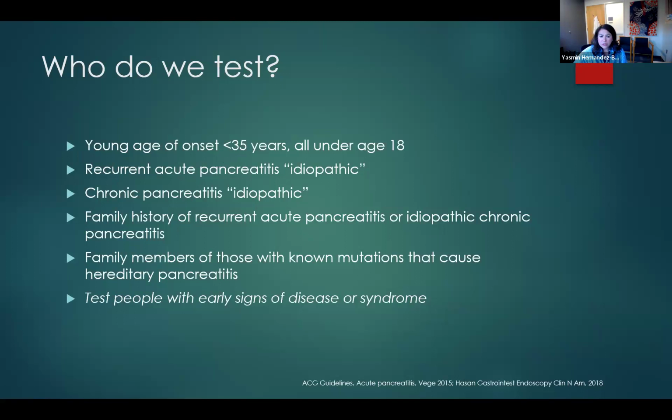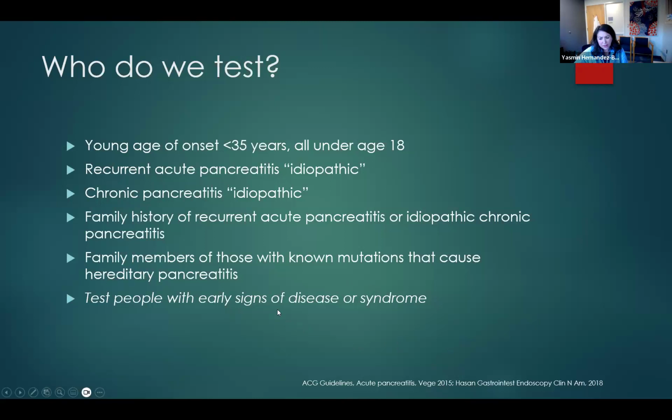We want to consider genetic testing in those patients that have, quote unquote, idiopathic recurrent acute pancreatitis or idiopathic chronic pancreatitis where no other cause has been identified. We'll want to check in patients with family history of recurrent acute pancreatitis or idiopathic chronic pancreatitis, and certainly in patients that have family members with a known mutation that causes hereditary pancreatitis.